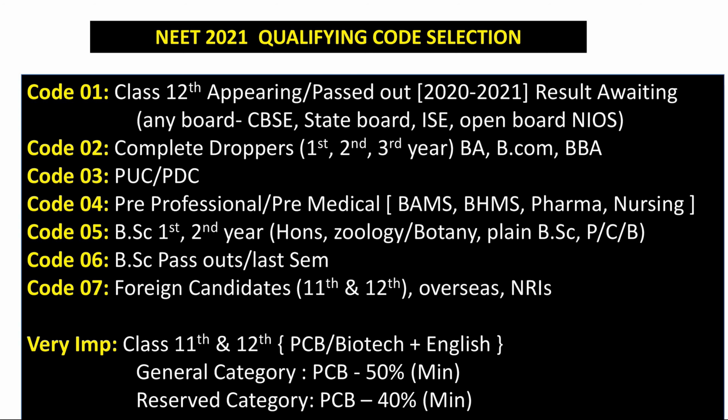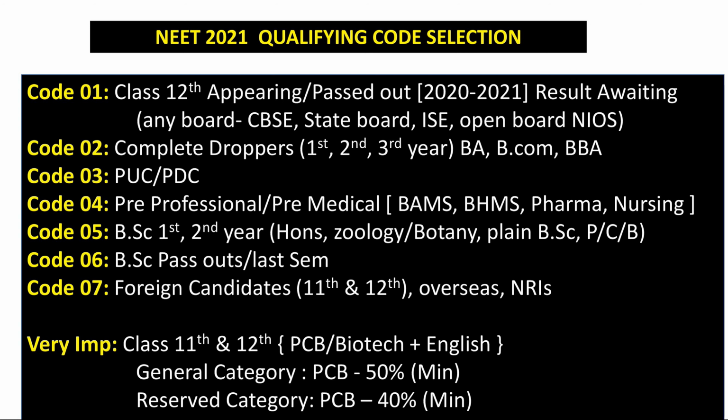If they are in first and second year in college, then they are eligible to pick code 05. Please ensure there is a difference between code 4 and code 5. Code 5 is purely for BSc students who are in first and second year, and who have opted for honors, zoology, botany, or a plain BSc.